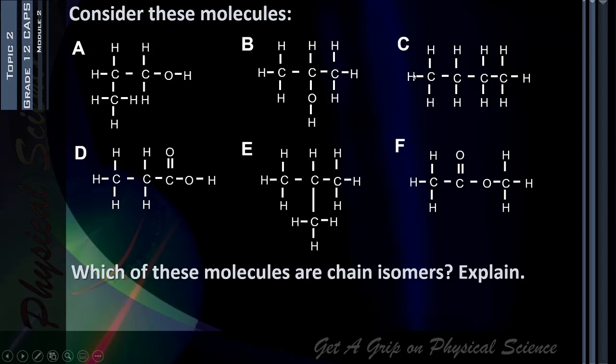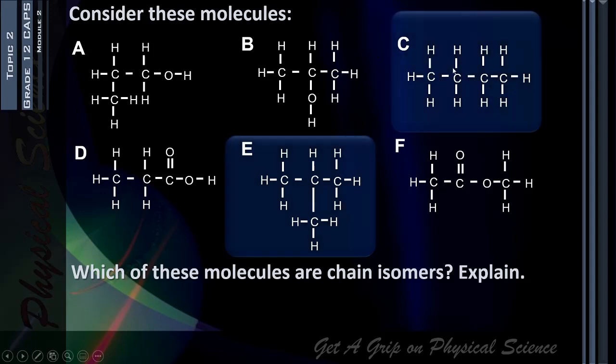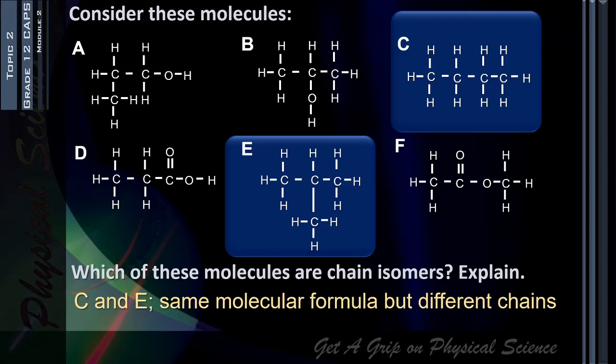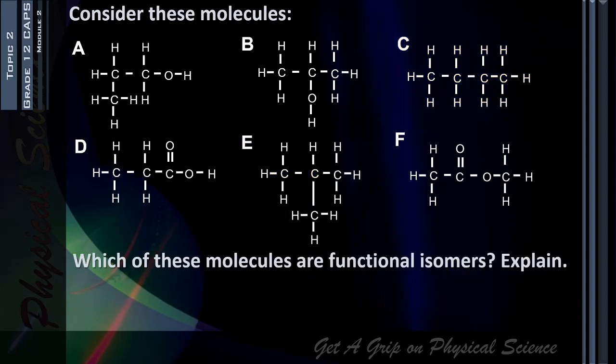And C also has 4 carbons and 10 hydrogens with no branches. So C and E are both chain isomers because they have the same molecular formula but different chains.